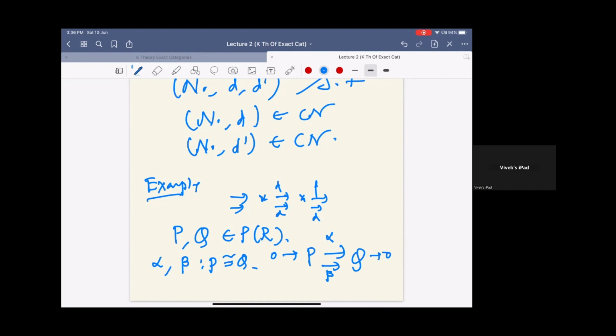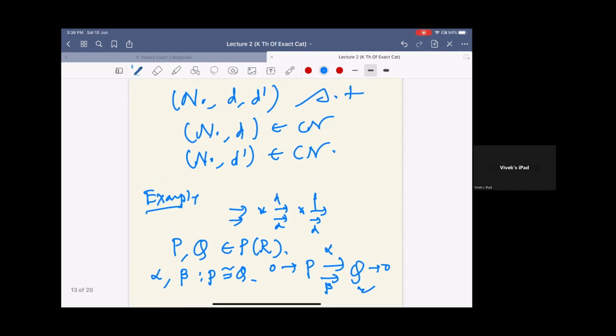Alpha and beta are isomorphisms, and you can also think of them as a differential. So this is a stupid way to construct an example of a binary chain complex. Basically, a binary chain complex is a chain complex with two differentials. They may be equal.